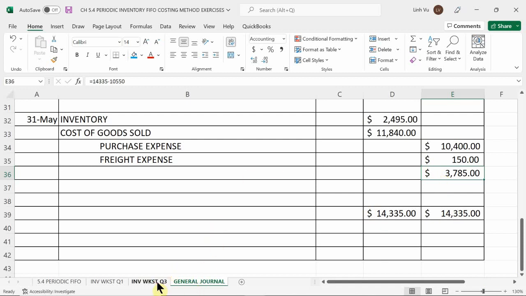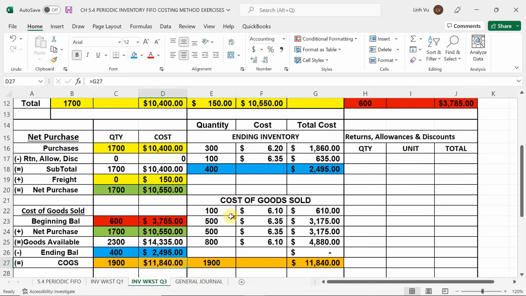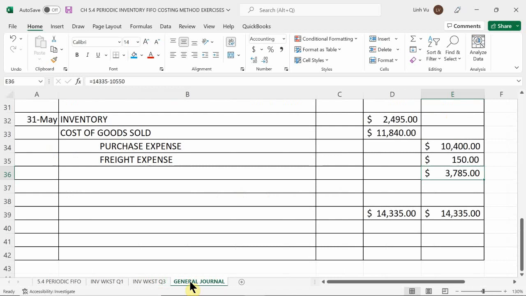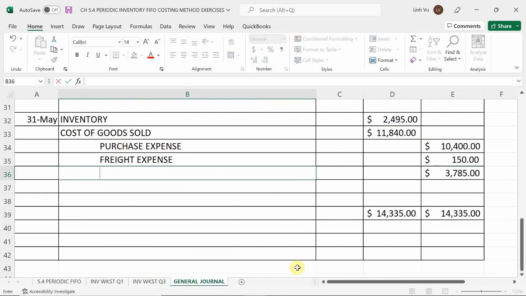Where have I seen this number before? Beginning balance. It's your beginning inventory that you carried from the previous one. So in this case, I also have to remember to include my beginning inventory.